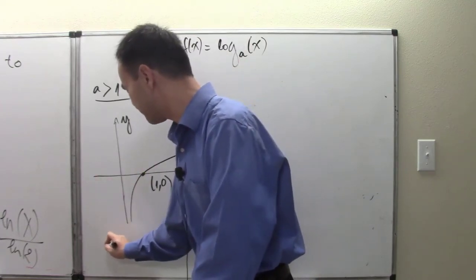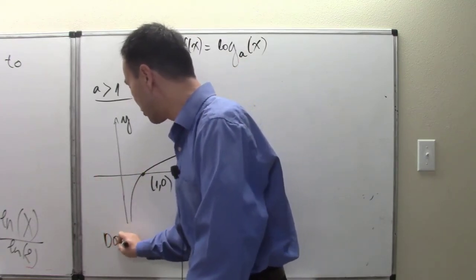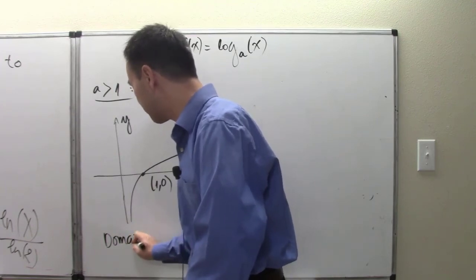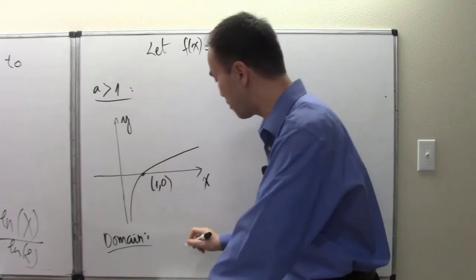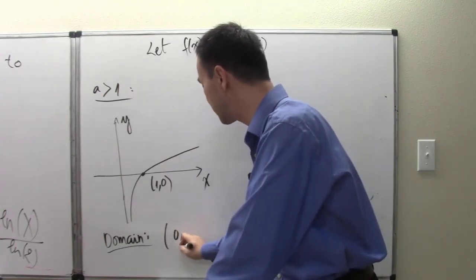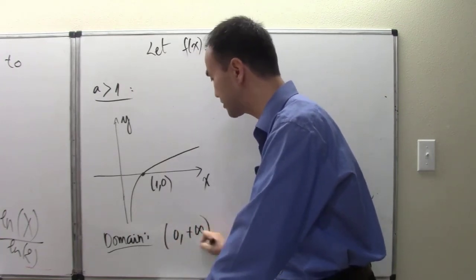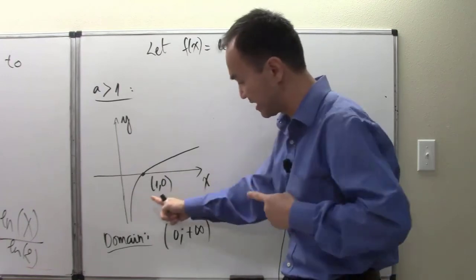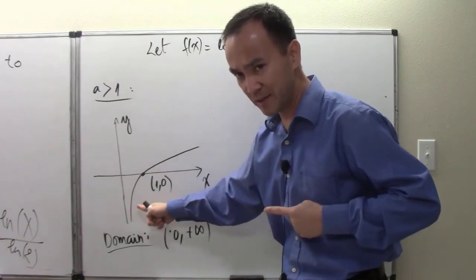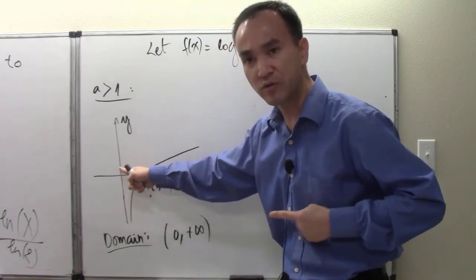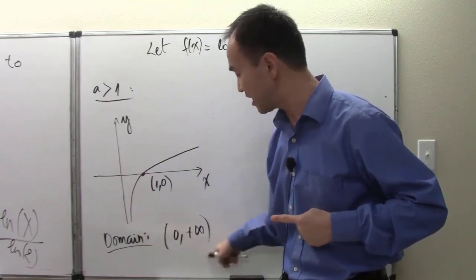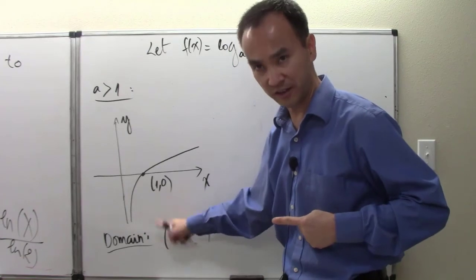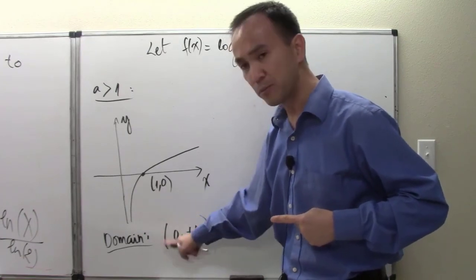As far as the domain of any of these functions, when the base is greater than 1, the domain is anywhere between 0 and positive infinity. The graph stays completely to the right-hand side. It keeps getting closer to the y-axis, but it will never hit it. That's why the 0 side of this interval is open. The 0 side is an open parenthesis.